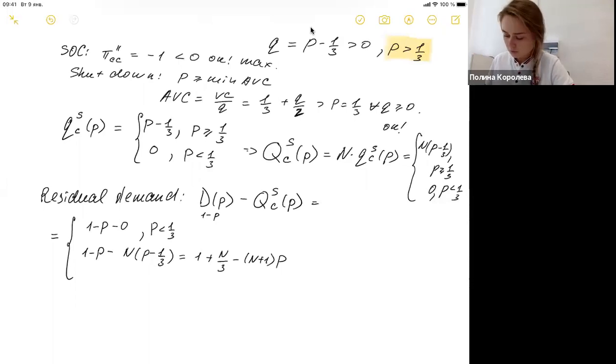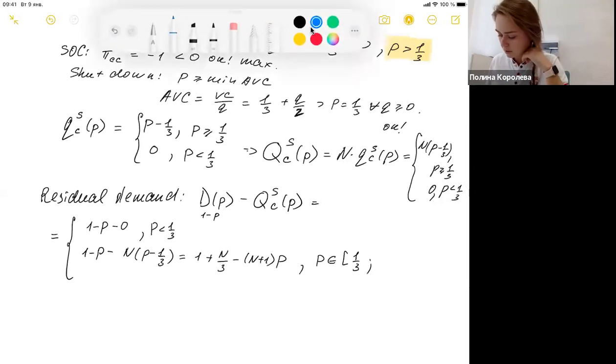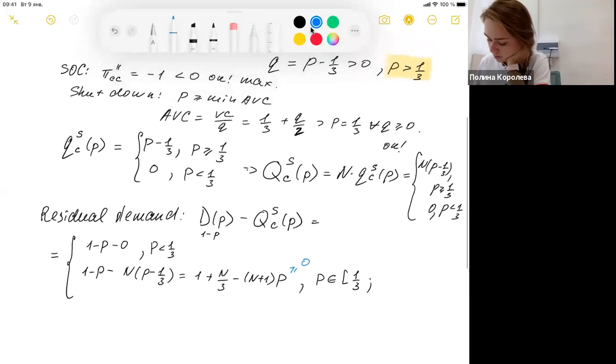And this is true only for prices from 1/3 to, we need to find when this residual demand is greater or equal than 0. So we need to check when this is greater or equal than 0. So let's do it.